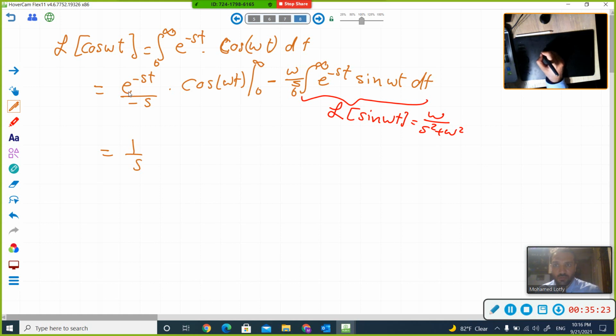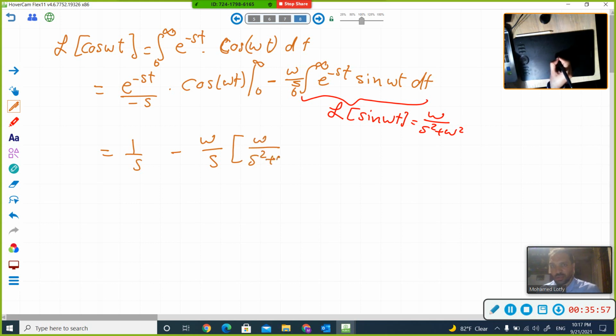The e to the power negative infinity equals 0, and this 0 will give you 1 over negative s, and this cosine will give you 1. So finally we will end up with 1 over s minus omega over s times what we have got in our last slide.